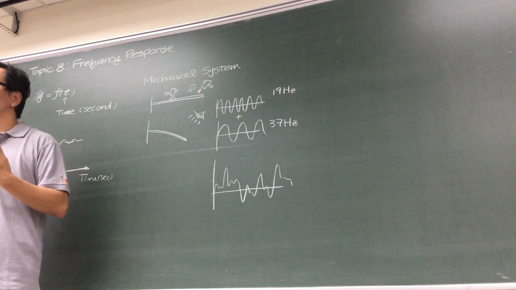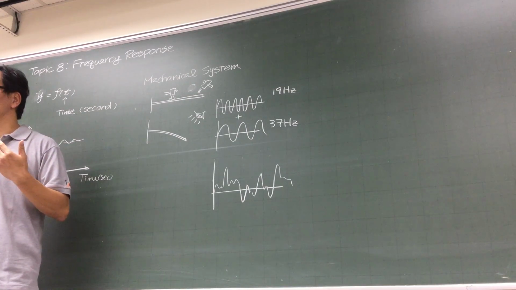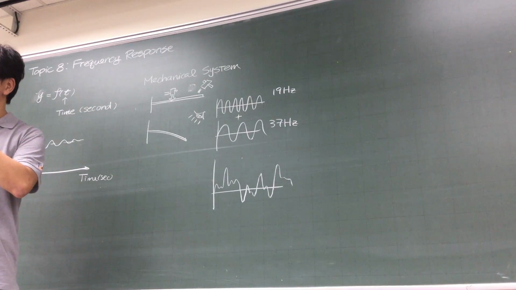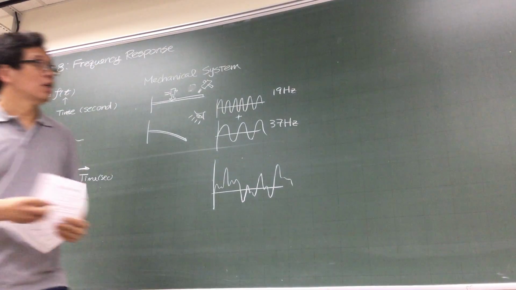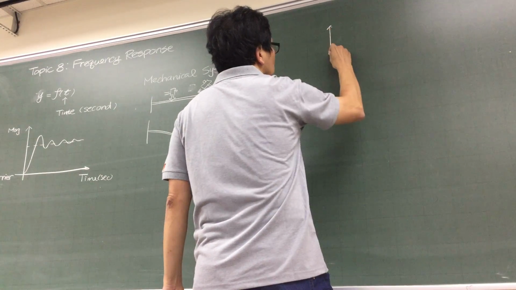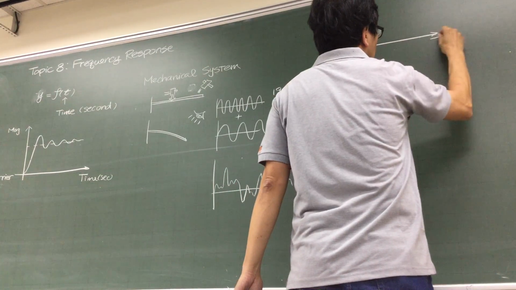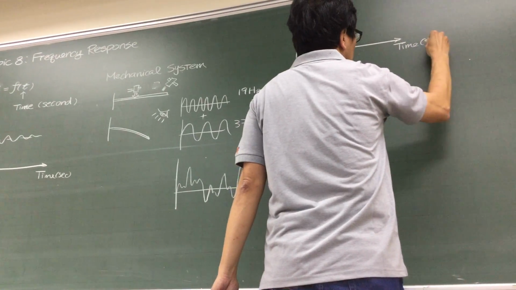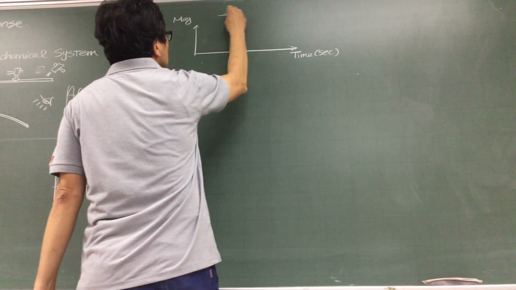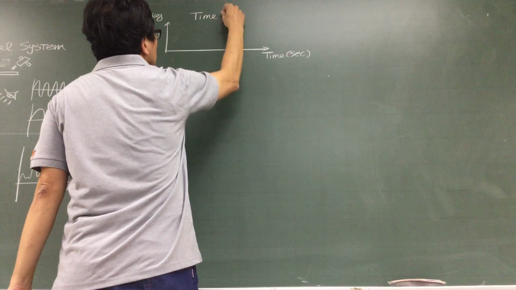So when you are trying to understand the response of a mechanical system, you need to think of the signal in 3 dimensions. First is what we have regularly. This is our time response.